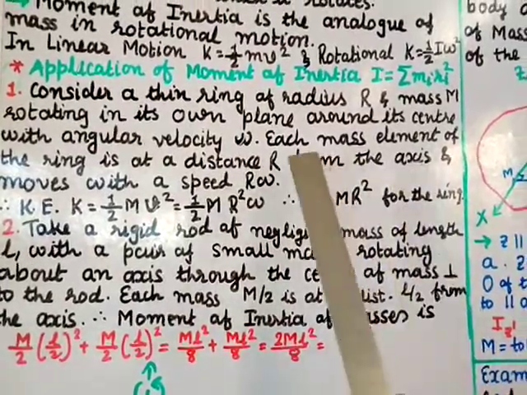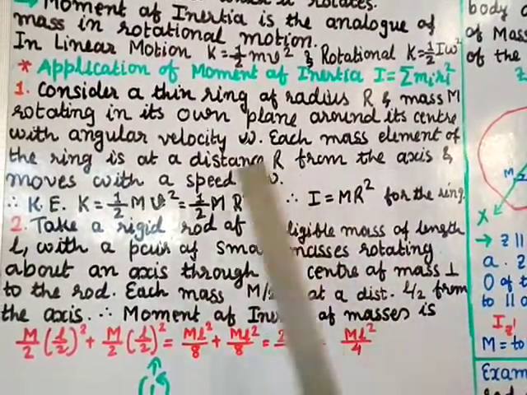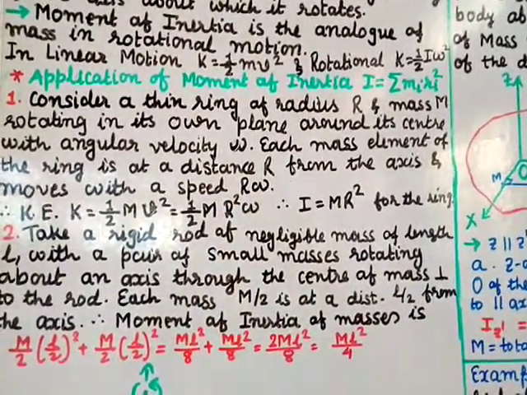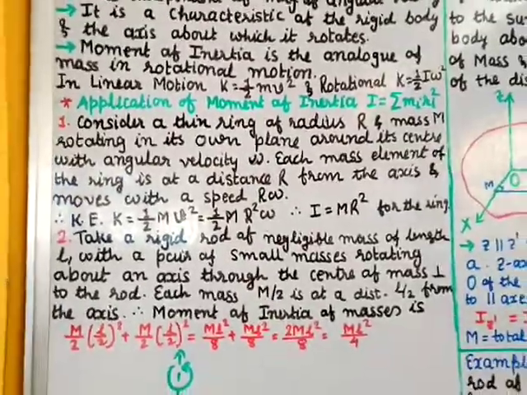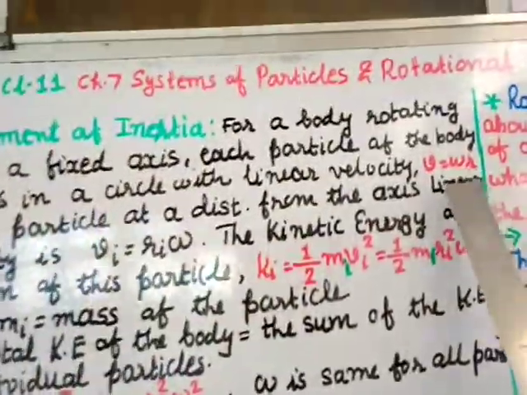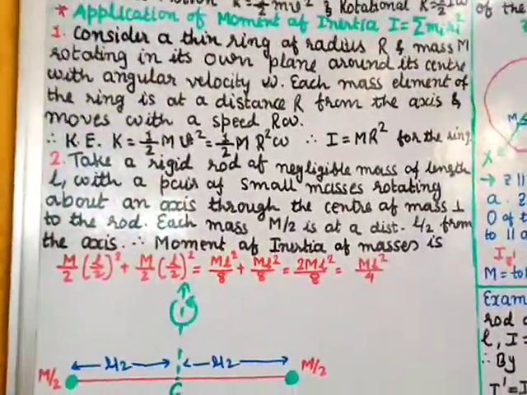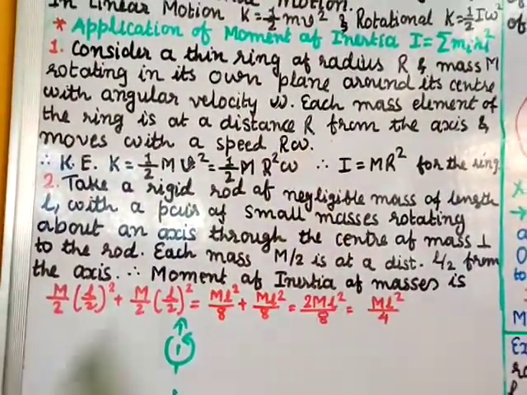That means the distance of each particle of the ring from the axis is r, and it moves with the speed r into omega. Before, we wrote that the linear velocity is v equal to omega into r. Similarly here the velocity will be omega into capital R.